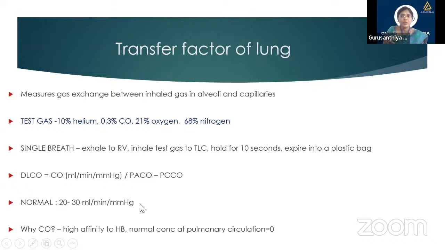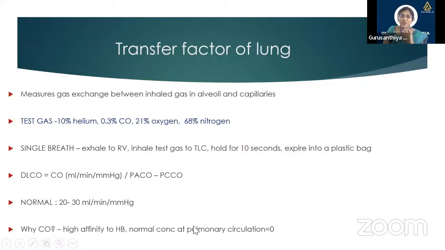Now the notorious question comes: why are we using carbon monoxide? Because carbon monoxide has a 200% more affinity to hemoglobin than oxygen. It has easy affinity and easy transfer across the alveolar capillaries. And mostly we do not inhale carbon monoxide normally, so the normal concentration is actually 0.